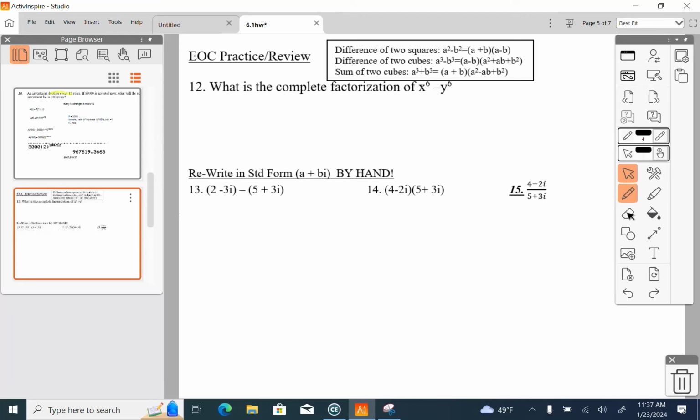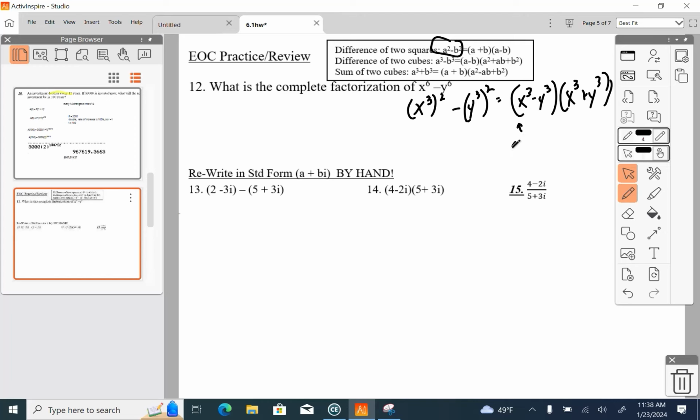I'm going to hit this with this pattern first. What I have here is x cubed squared minus y cubed squared, which becomes x cubed minus y cubed times x cubed plus y cubed. Then I'm going to factor each one of these.